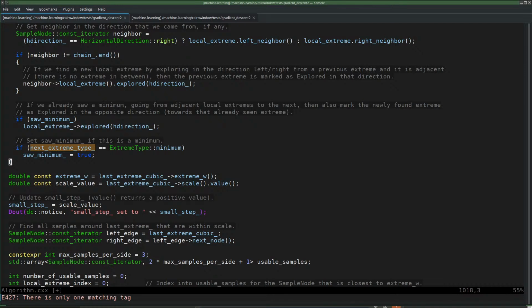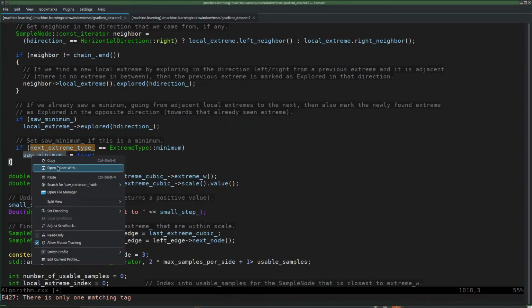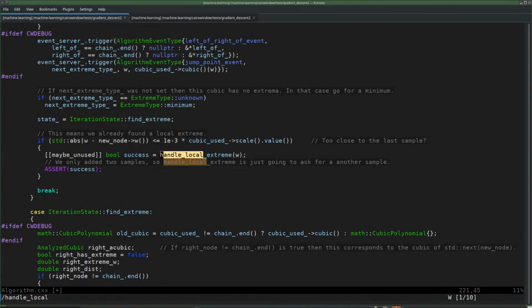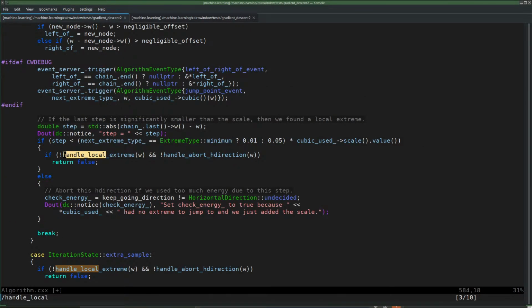There's also going to be another case, but I'll just try to remember it. So I have to set this thing to false if we jump to, that was handle local extreme jump, I think, yes.